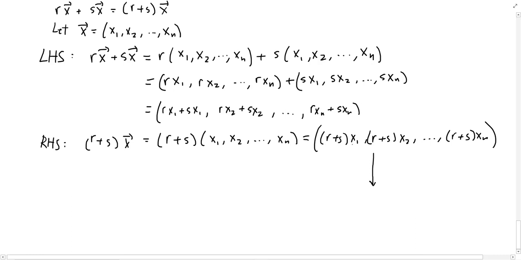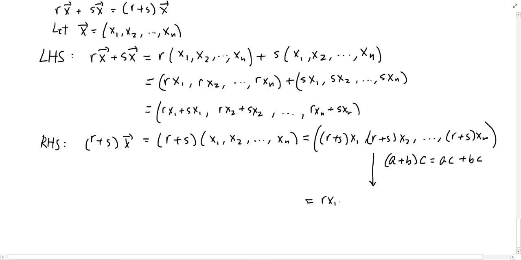And between these three numbers, I want to add two of the numbers first and then multiply the sum by a third number. That is technically called the distributive property, which states the following. If I have A plus B multiplied by C, then that's the same thing as A times C plus B times C.